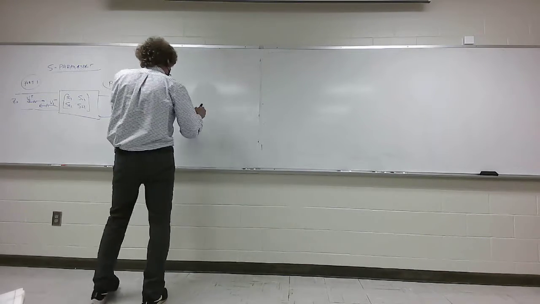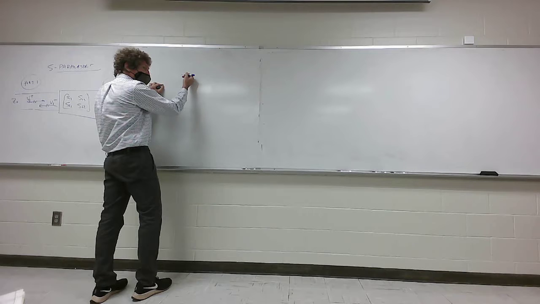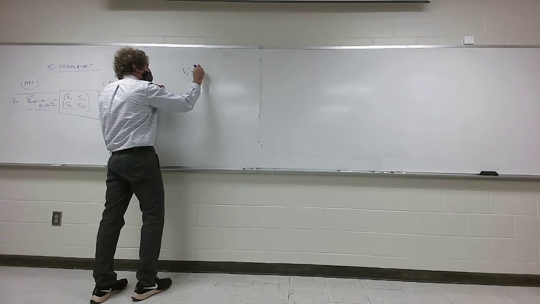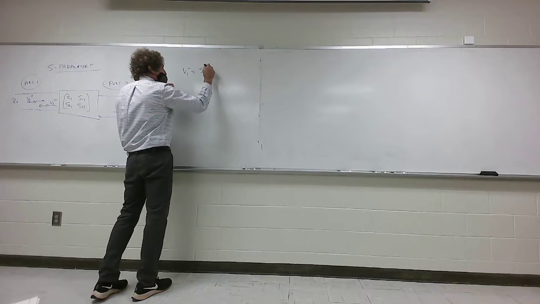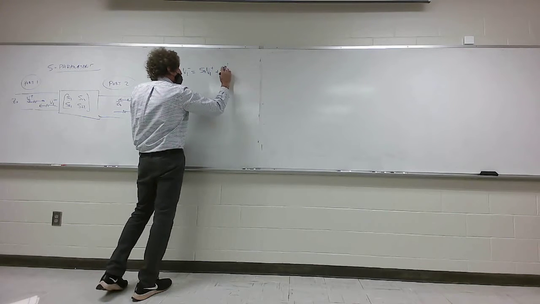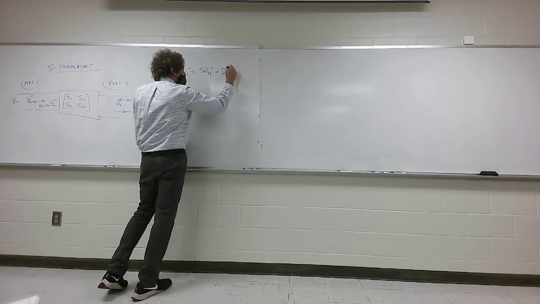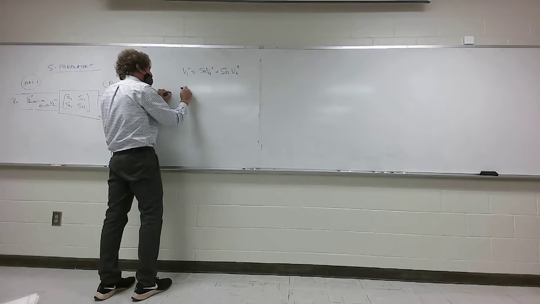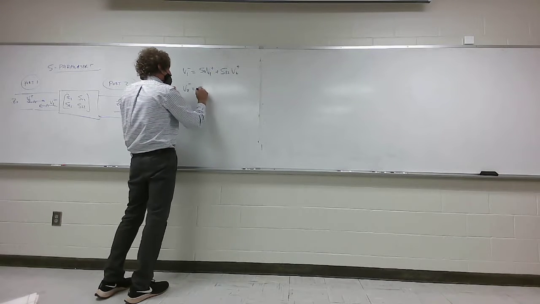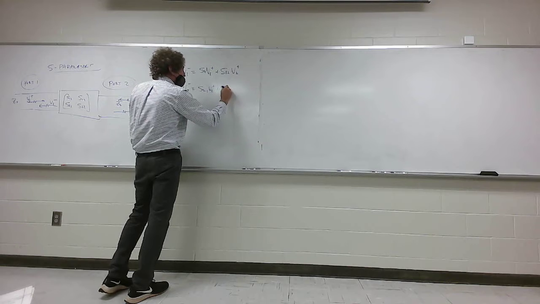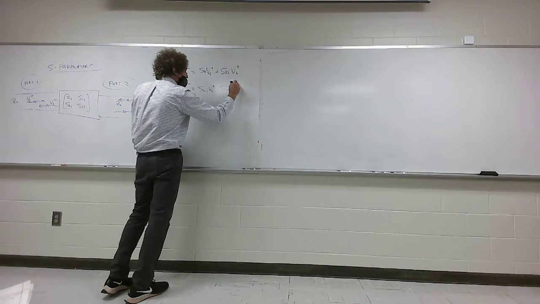So when we deal with S parameters, the equations that dictate this for a two-port would be V1 minus is equal to S11 V1 plus S12 V2 plus, and then V2 minus is equal to S21 V1 plus S22 V2 plus.